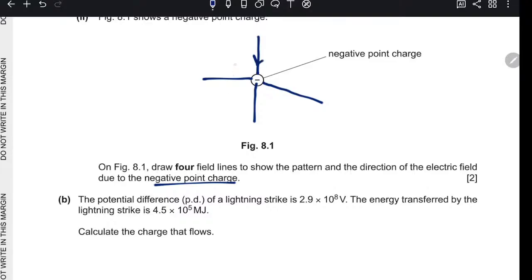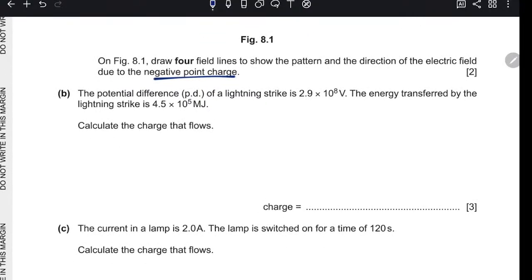Then we come here. It says calculate the charge that flows. So we want Q. Now what do we have here? V, because these are volts.